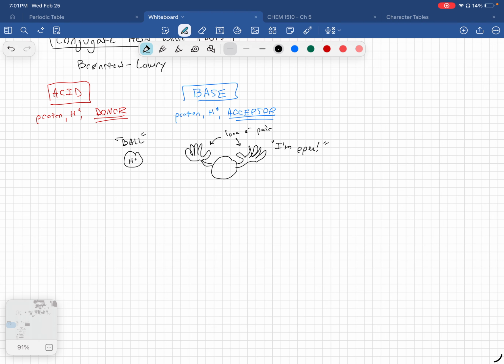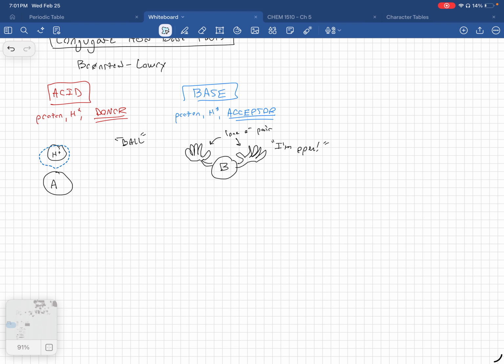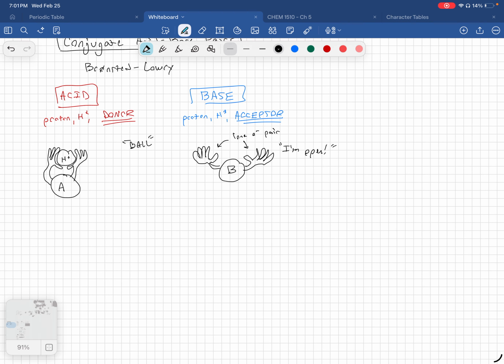And a Bronsted-Lowry acid has the ball and is holding on to it.